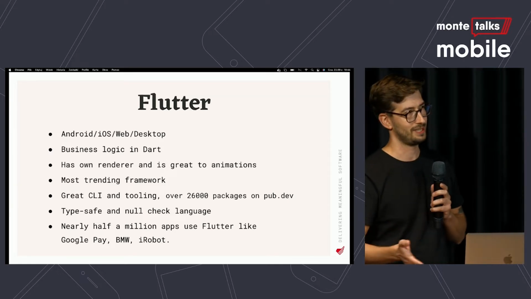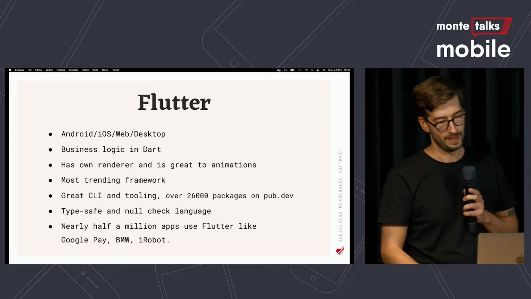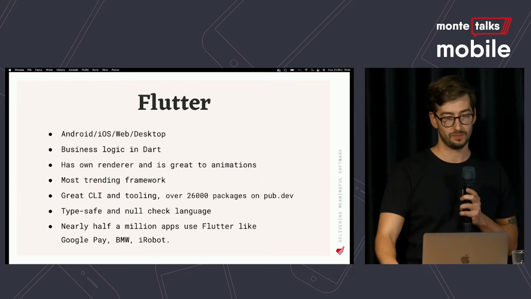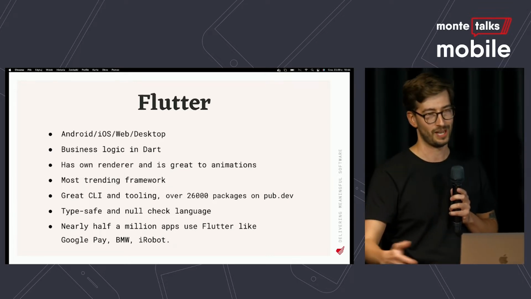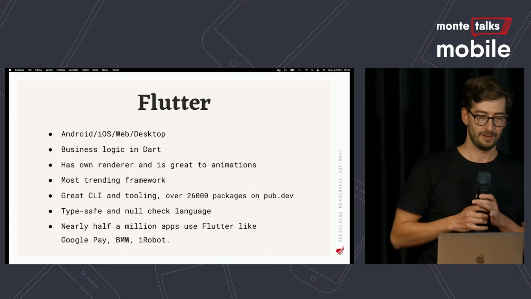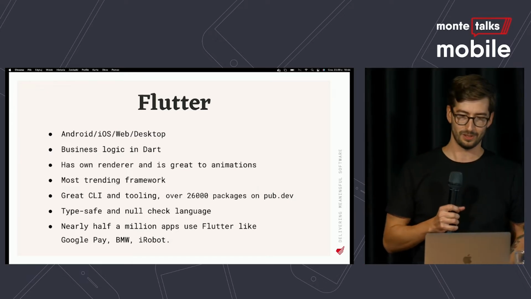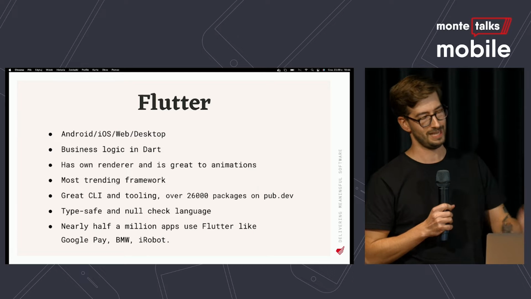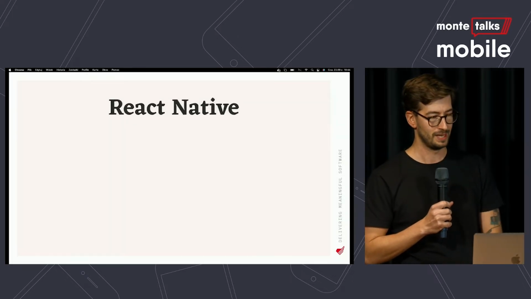This number is estimated from the App Store and Google Play, and there are big players here. Of course it is backed by Google, so we have, for example, the Google Pay app in Flutter, BMW, so the My BMW app is also written in Flutter, or iRobot, and many different apps. This is just an example.